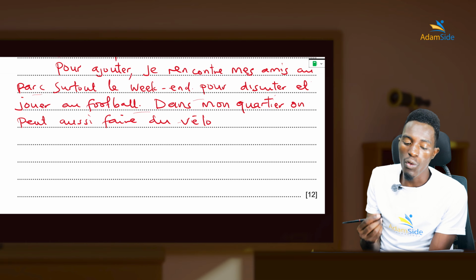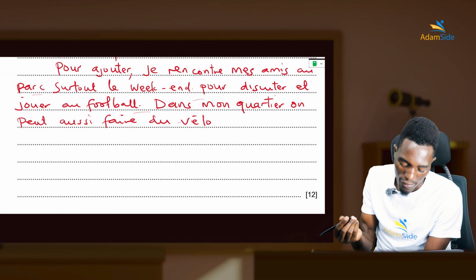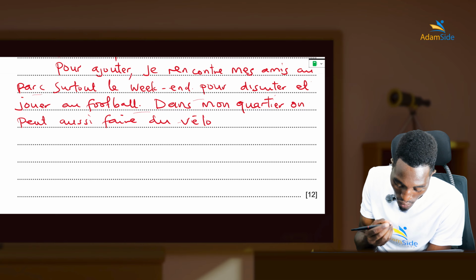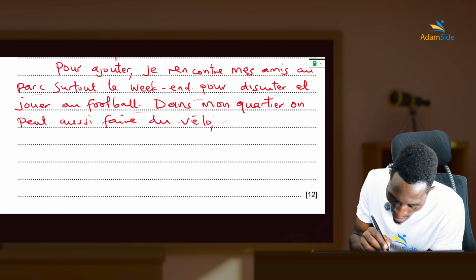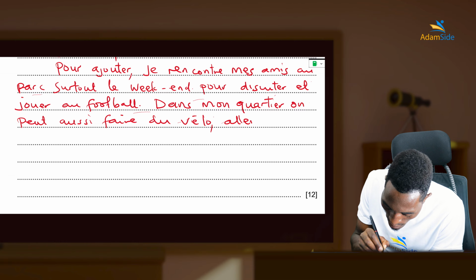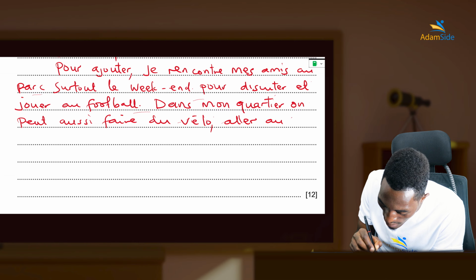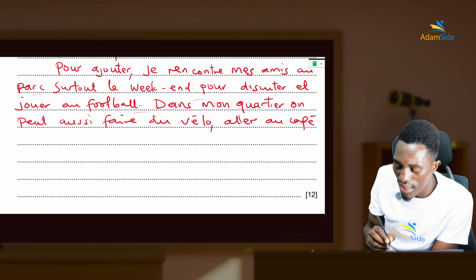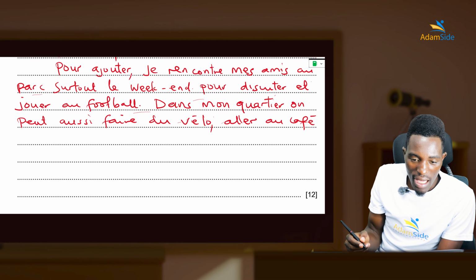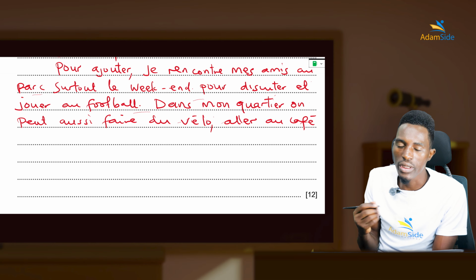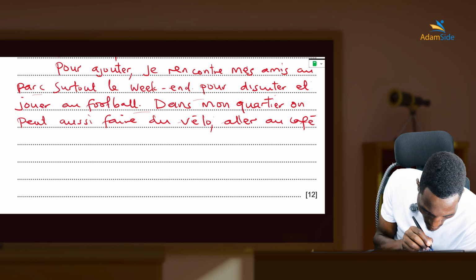Aller au café ou jouer au tennis. Aller, we can go au café. You can have a cafe for eating. Aller au café ou jouer au tennis. Or you can also play what?